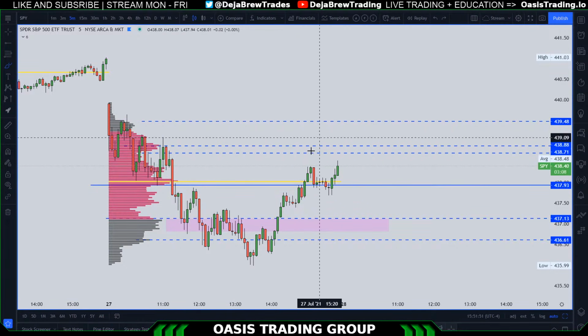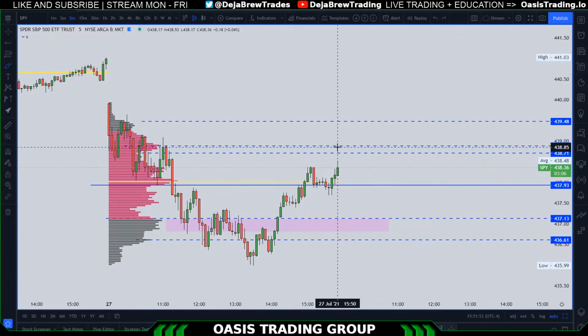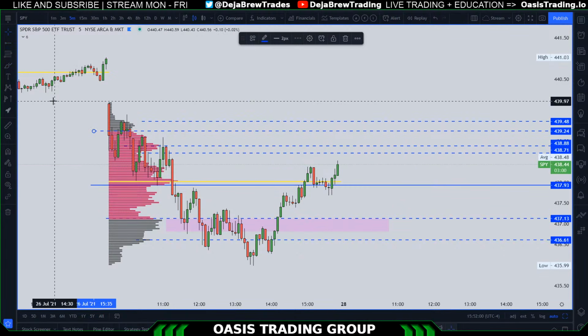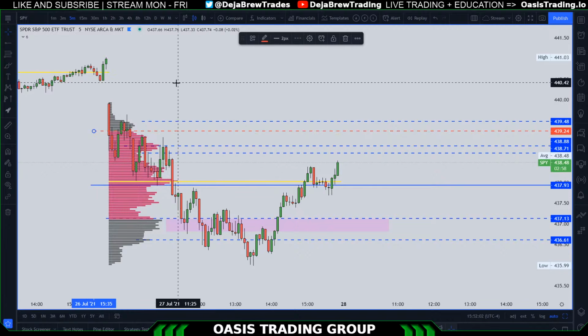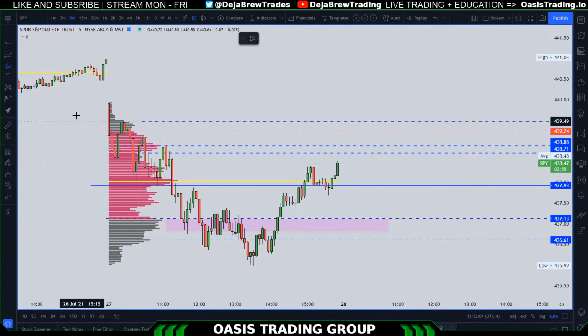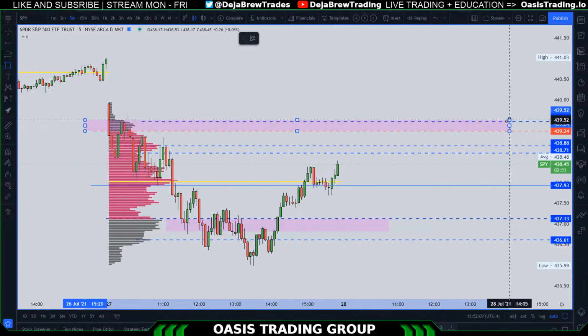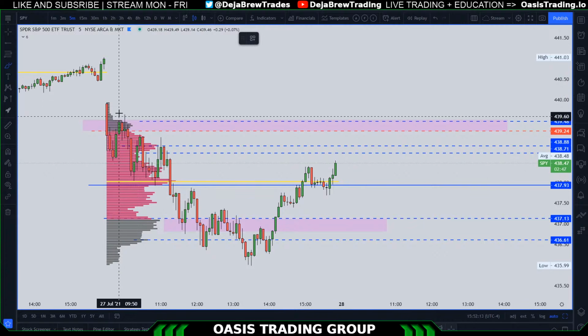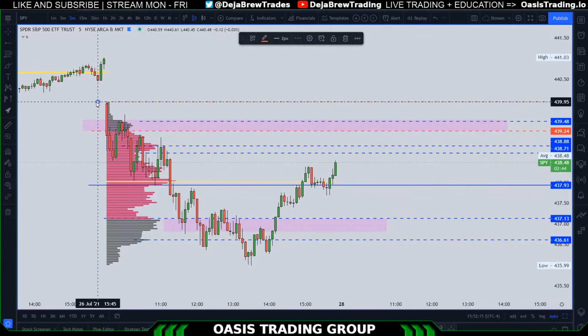If you're trying to follow the current profile, and not the initial balance, you would be looking for the value area high, the same as we looked for on the value area low. And then you would be looking for the resistance nodes. There's a resistance node here, and then we don't really have anything above that. So the only other thing you could target above that is the high of the day.